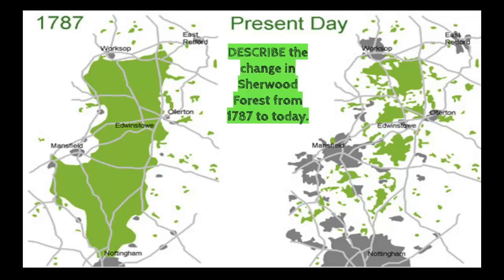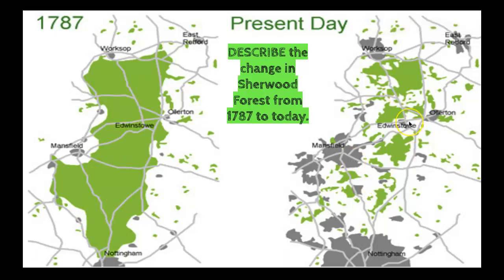And then I found this interesting. This is not from your article, but I found in 1787, which is around the time when Sherwood Forest would have been inhabited by Robin Hood, all this green here is what would have been considered the dense wood.